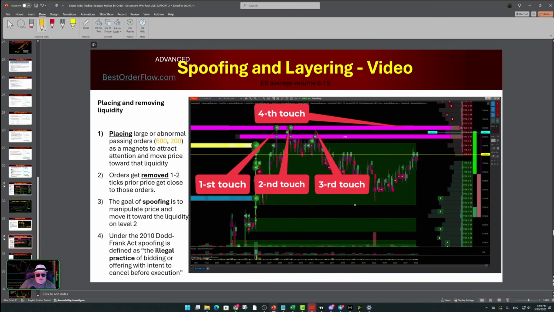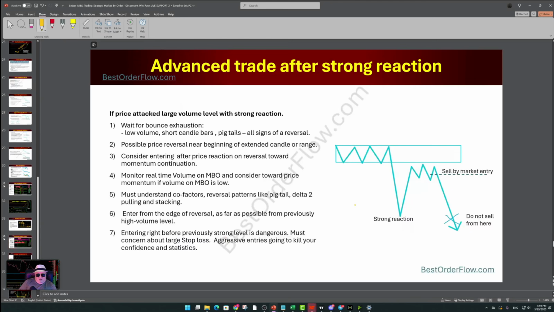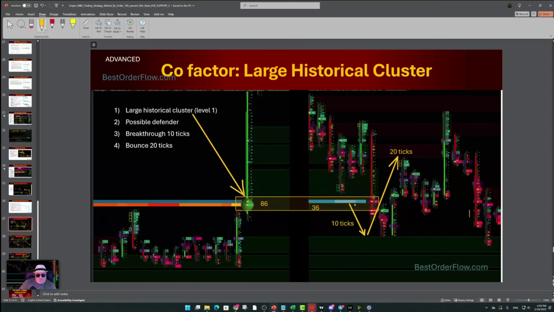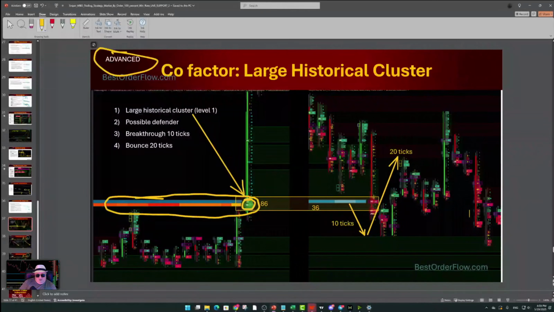When I see that there's a historical cluster, 86 and 37 happens over here, 120 happens over here, and then the price, after a couple of hours, starts descending into the same area, I know that large clusters like that, where somebody previously was sitting on a level 2, will get a reaction.